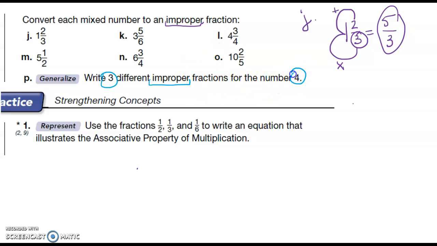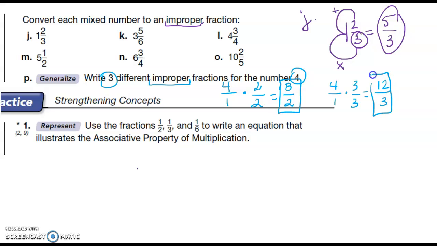For the number 4. So if I were going to write 4 as a fraction, it's 4 over 1, right? What I'm going to do is multiply these by 1, basically, to get different improper fractions. For instance, I'm going to multiply this by 2 over 2, which gives me 8 over 2. And that's 1. So let me do another one. 4 over 1 times 3 over 3 gives me 12 over 3.